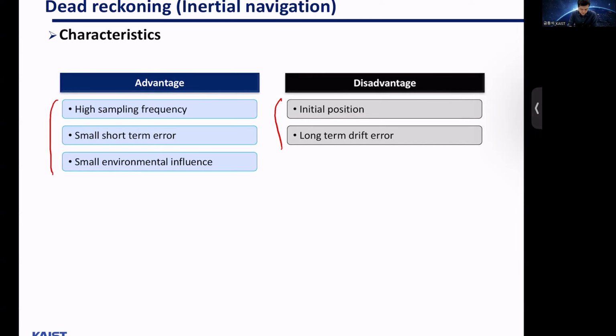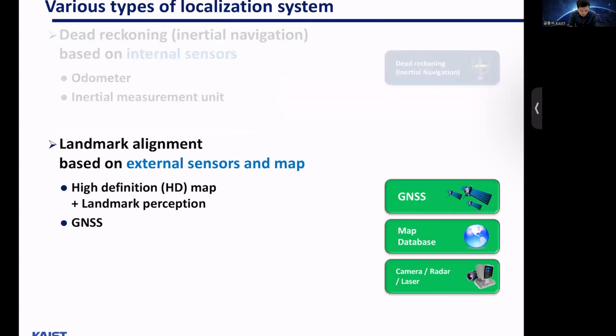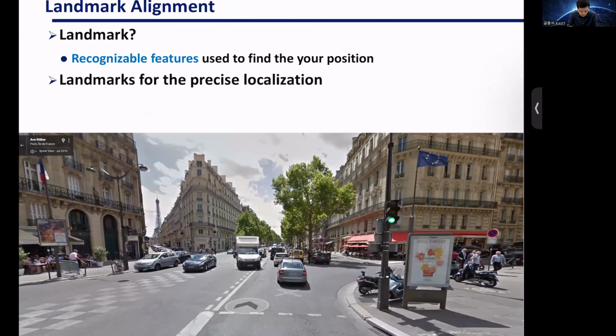Okay. And let's look at the landmark alignment side a bit closer, using these external sensors and map. So what is a landmark? Recognizable features used to find your position. Let's take a look at this scene as an example. Landmarks for precise localization are needed.